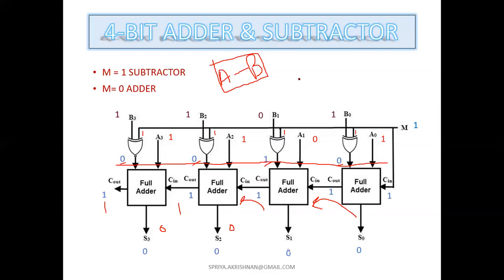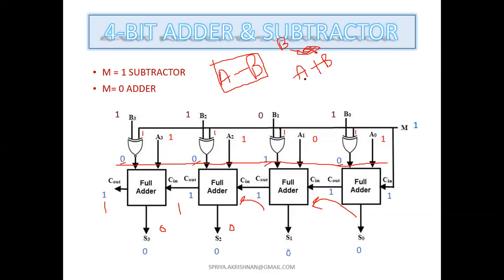So how do I teach my adder? My adder actually will do addition only. It won't do subtraction. What I'm doing, I'm taking the B and I'm doing some logic here and I'm giving that to the B input.